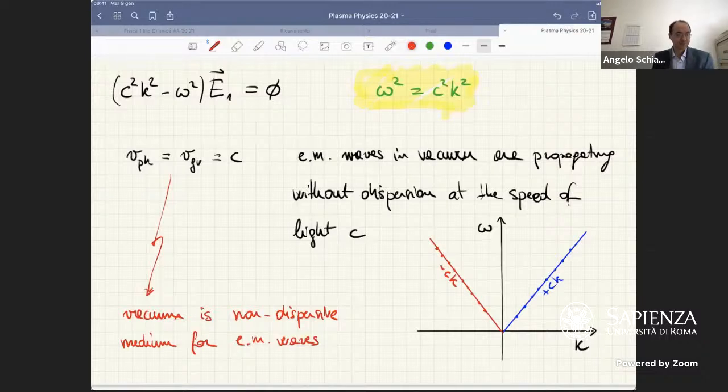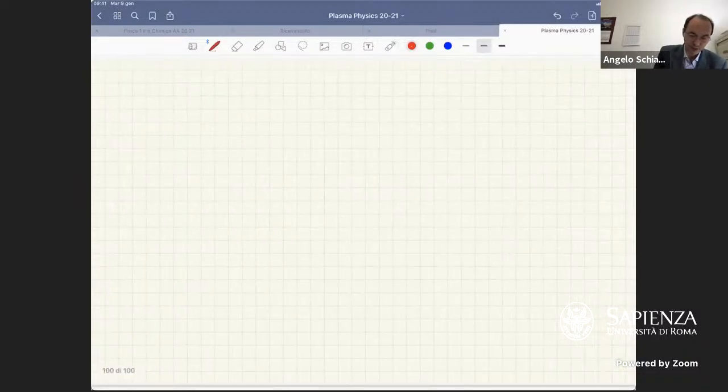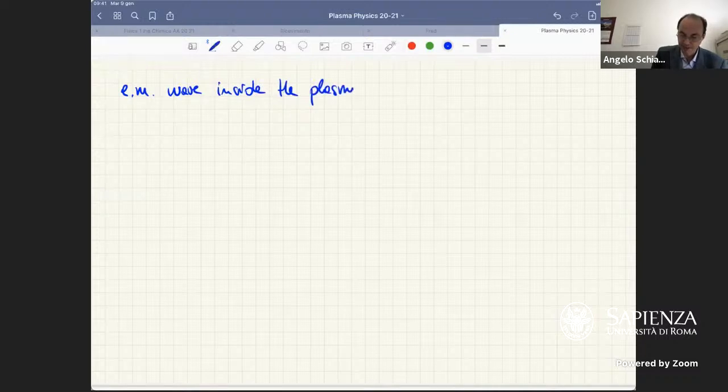Okay, so now let's say we are inside the plasma. So let's move on to the electromagnetic wave inside the plasma. In this case, it means that J1 is different from 0.